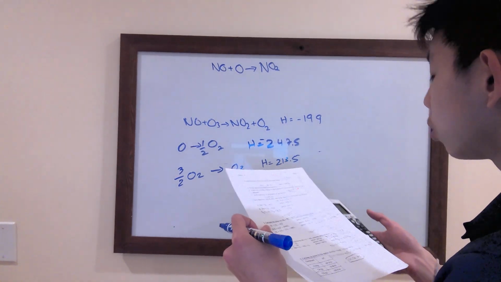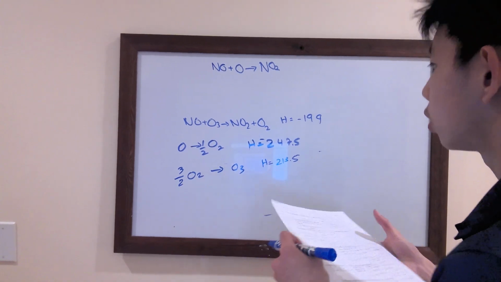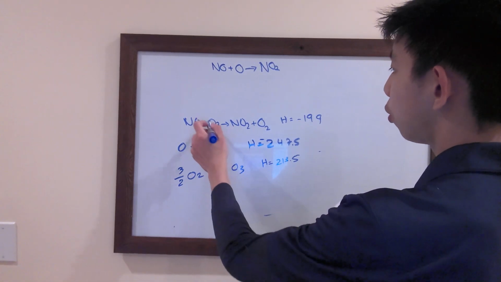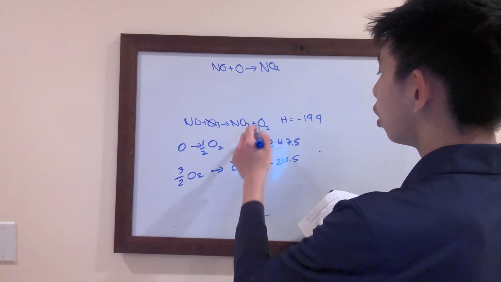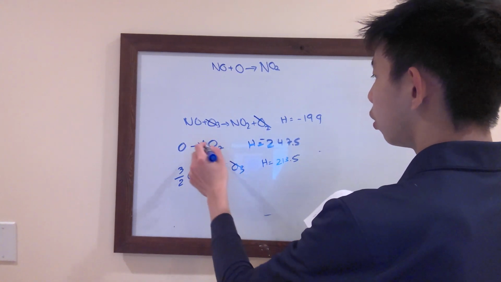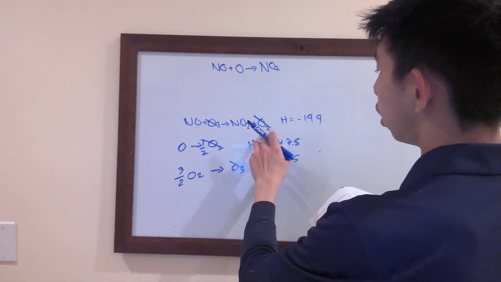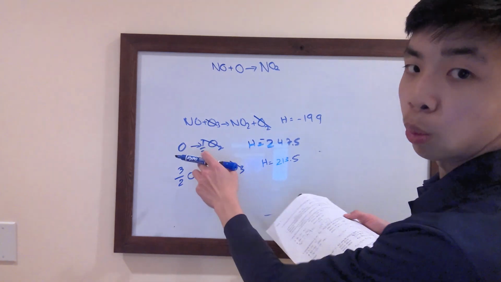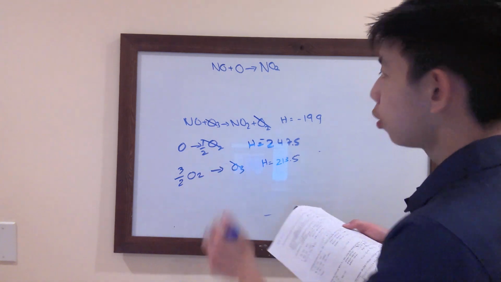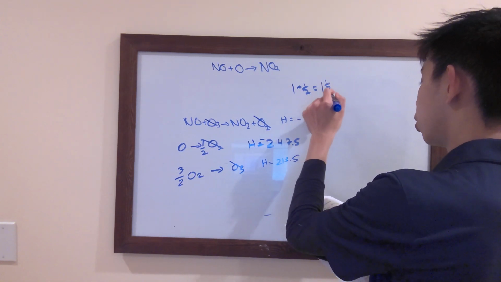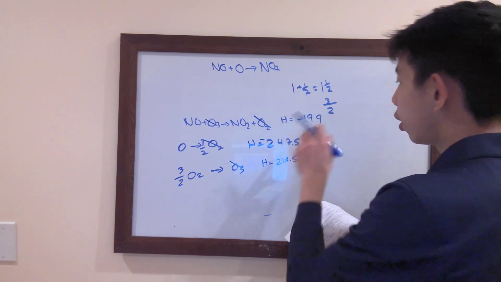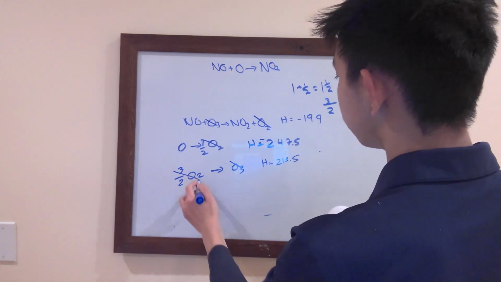So negative 199. Let me cross things out now. O3 cancels out. O2, O2: this 1 plus 1/2 is 1 and 1/2, which is also known as 3/2, and this 3/2 cancels out with that 3/2.